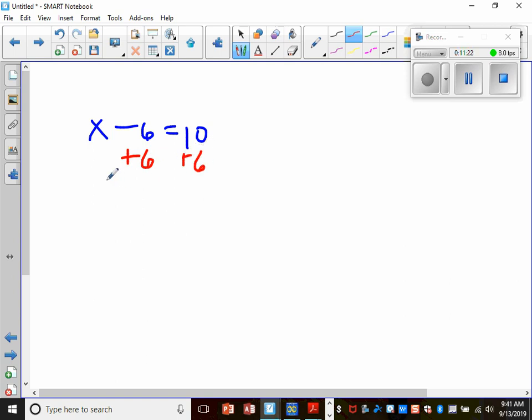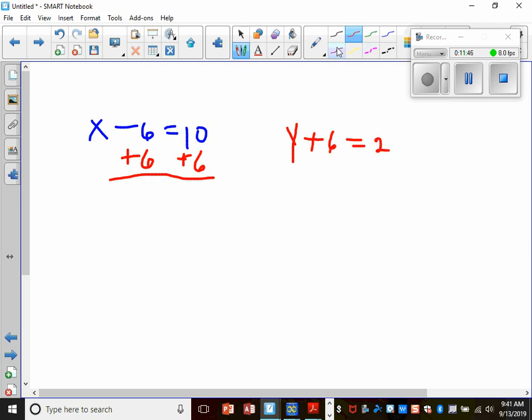So I have just used the addition property of equality. You've been using these, and now you're just going to be telling me the names of them. So let's say I start off with y plus 6 equals 2.